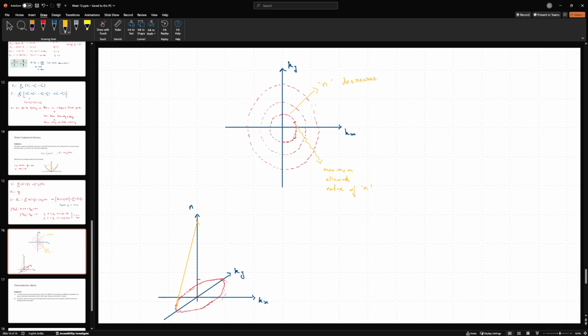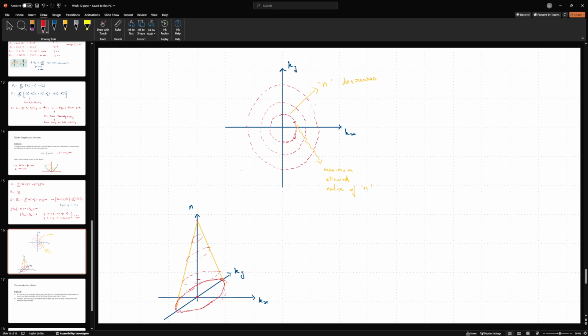Now you should be seeing the picture forming. So for the next level of n, I'm going to have another circle sharing the same center but of a slightly reduced radius. And then as I go higher, I will have another circle and then another circle and so on and so forth.